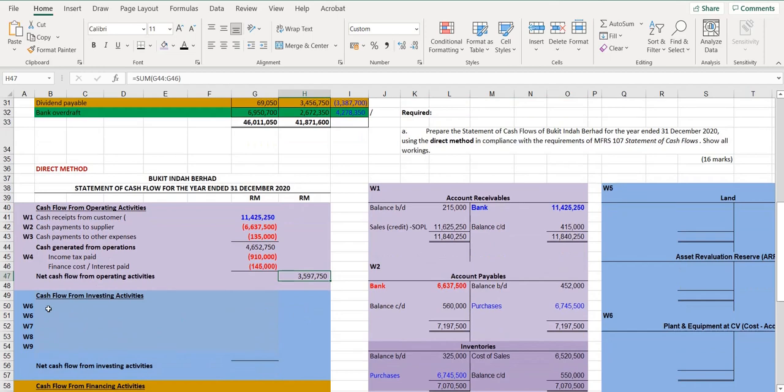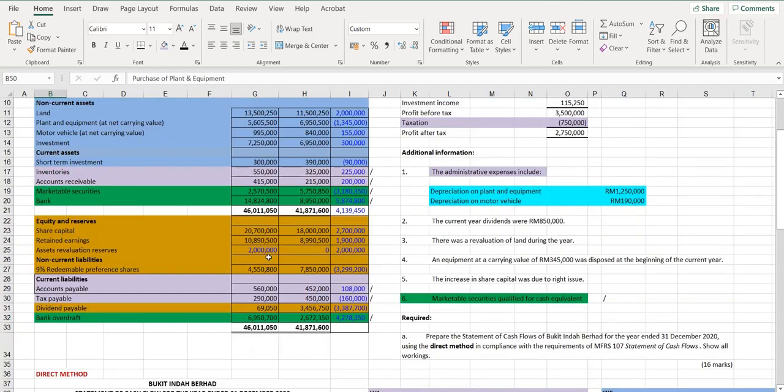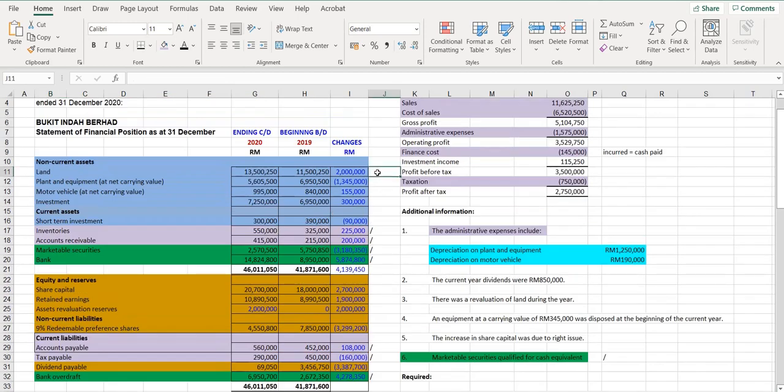Now we move on to the cash flow from investing activities. I will start with the land. If you look at the land, there was an increase in the land balance by 2 million.